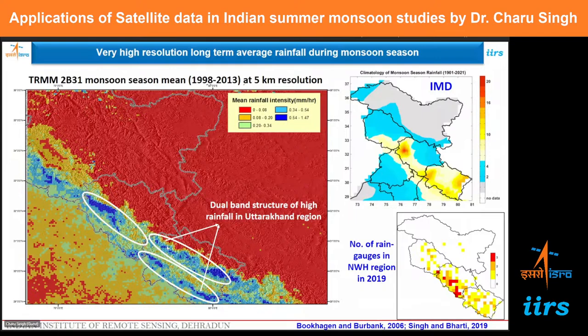Likewise here too, we receive a good amount of rainfall, but in Himachal Pradesh, we received a high amount of rainfall in the range of 1400 to 1900 meters. So this is the variation. This high resolution rainfall structure has been nicely captured by this satellite data set and enables us to study the fine scale spatial distribution of the rainfall and the mechanism responsible for making this spatial pattern over this region.